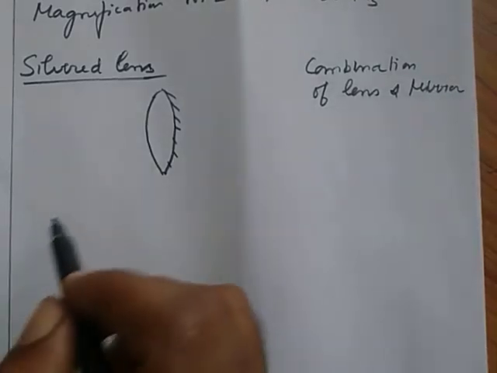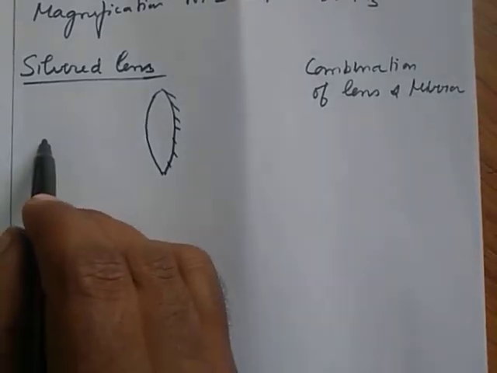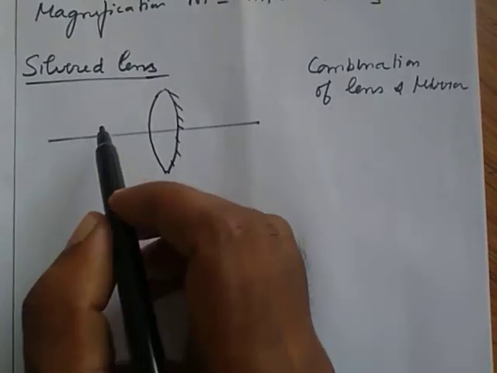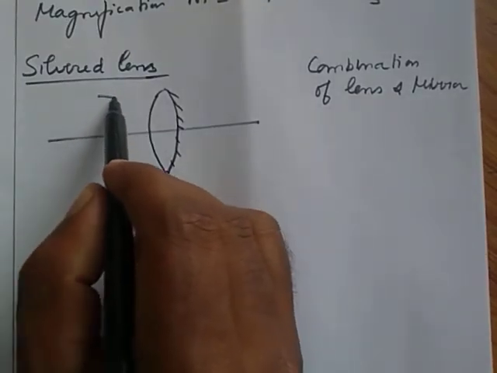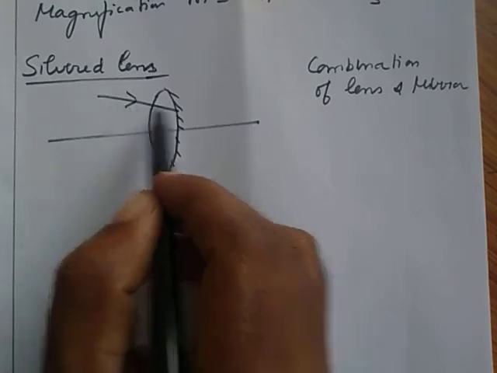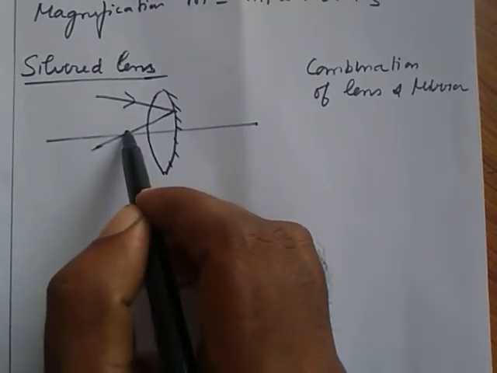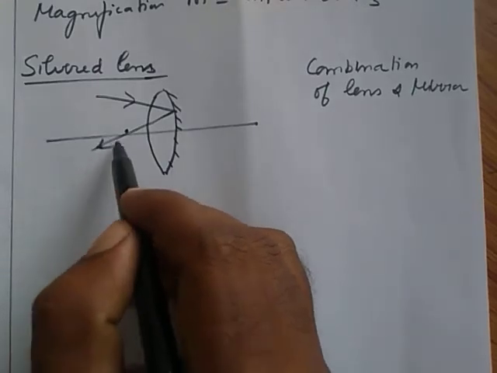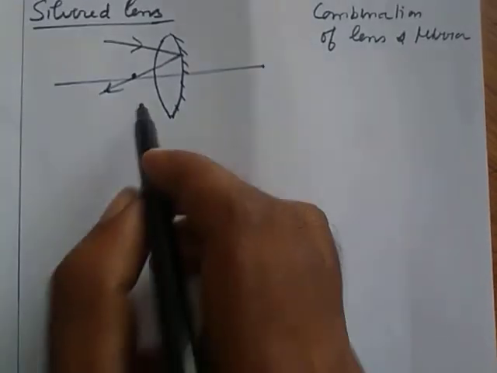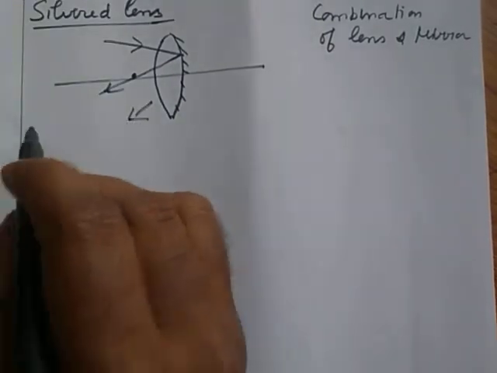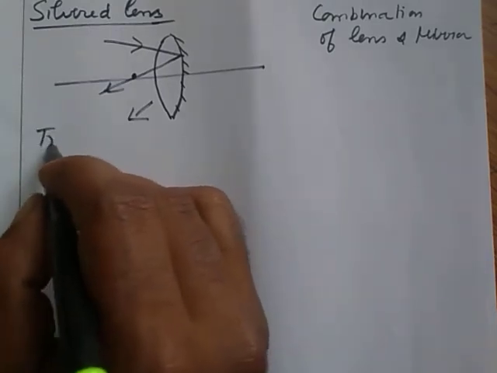See, this is the principal axis. If a ray of light falls on the mirror, after that it will reflect. This surface is known as the transparent front surface.